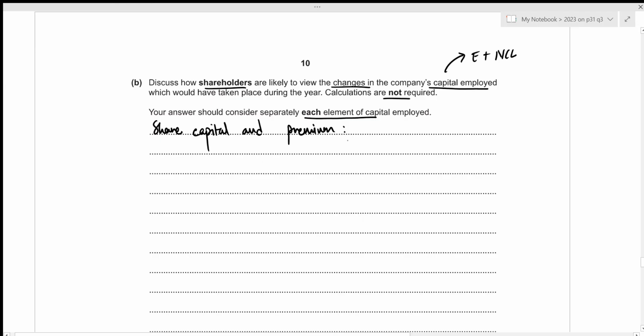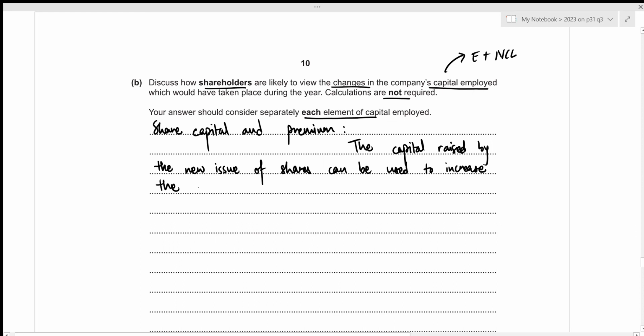Let's write it down. The capital raised by the new issue of shares can be used to increase the revenue generating ability of the business.